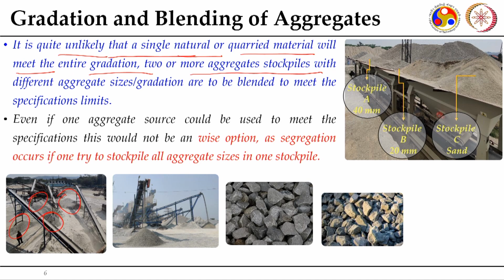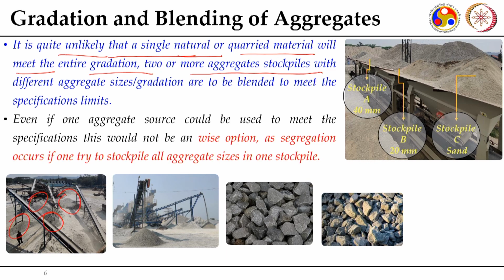There may be an aggregate which may be called a 20 mm, in which most of the material may pass through 1 inch, and most of the material is retained on around 3/4 of an inch. So, it can be called a 20 mm aggregate, 10 mm aggregate, 6 mm dust, in this way.